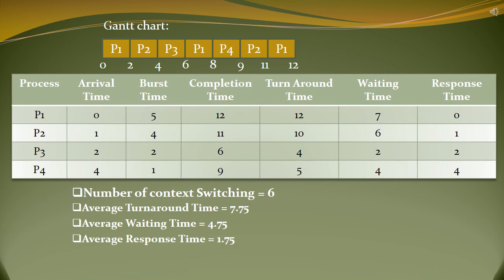So for this numeric problem of round robin CPU scheduling algorithm, we have got the answer like that: number of context switching equal to 6, average turnaround time is 7.75 millisecond, average waiting time is 4.75 millisecond and average response time is 1.75 millisecond.